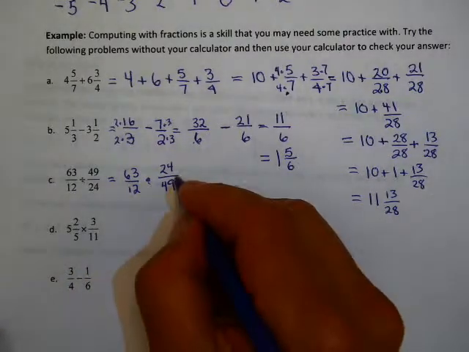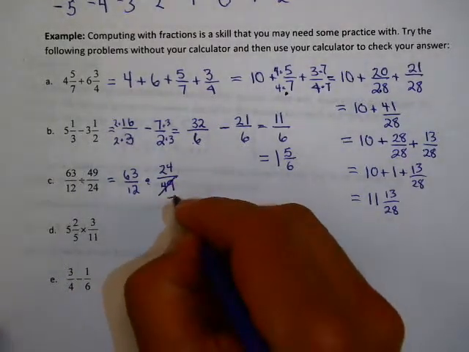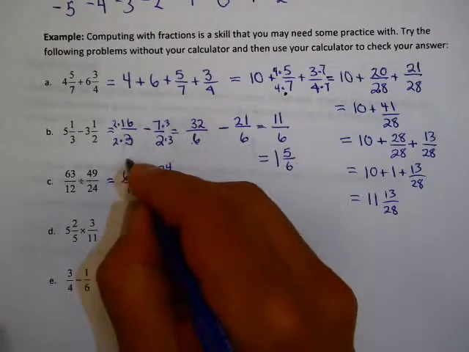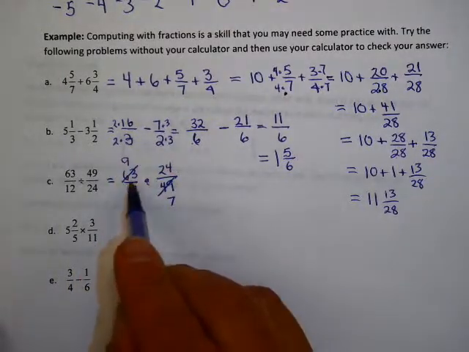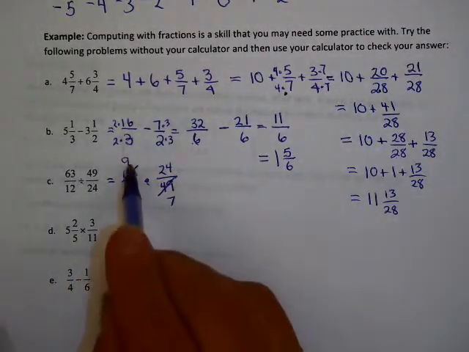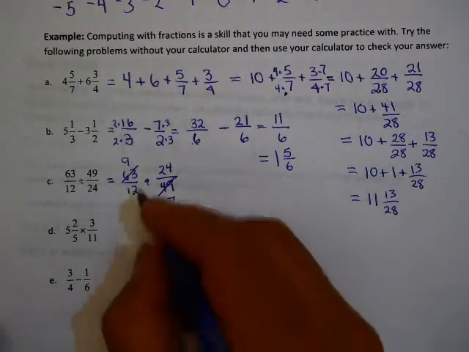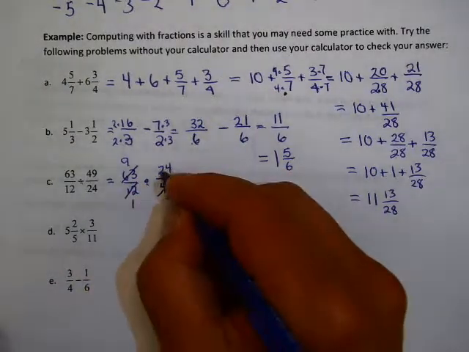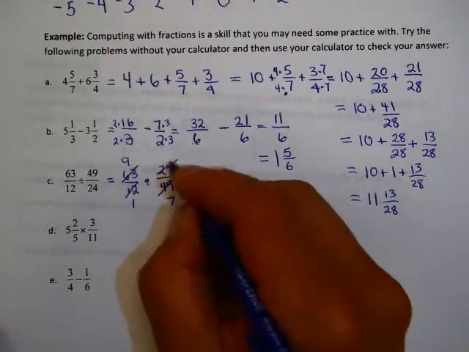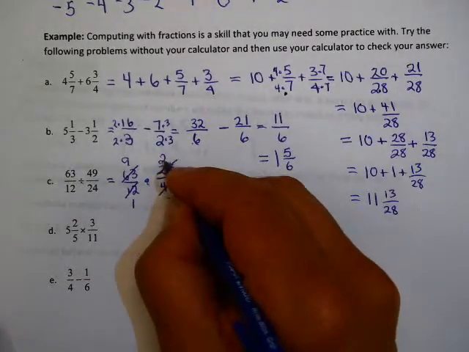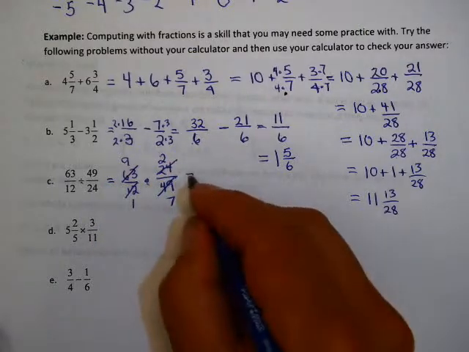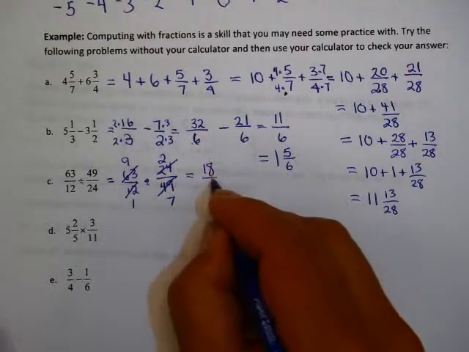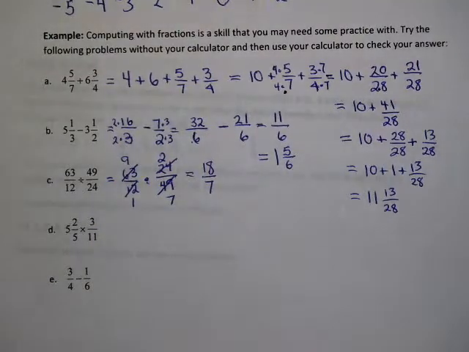You'll notice that 49 is 7 times 7, and 63 is 7 times 9. So because this sign means division, I can divide out that 7. 12 divided by 12 is 1, and 12 goes into 24 2 times. And this is 9 times 2, or 18 over 7. And I'm going to leave it as an improper fraction in this case.